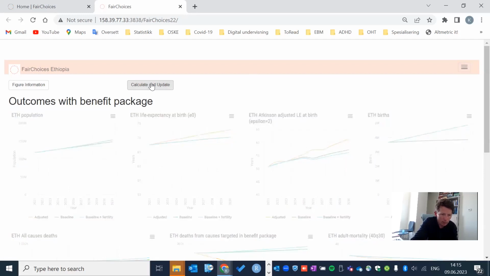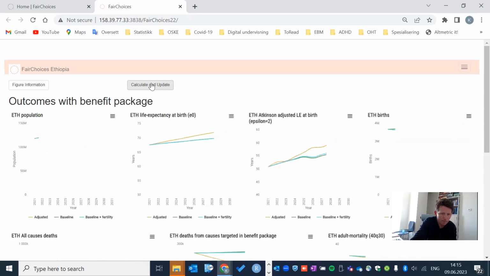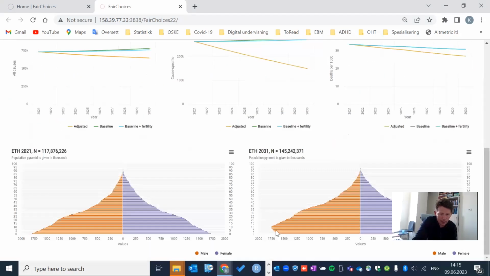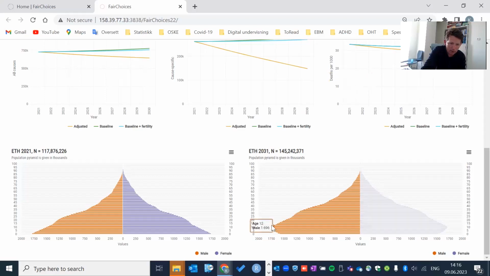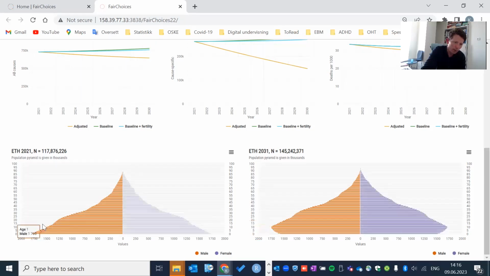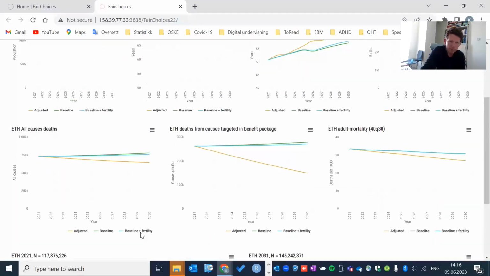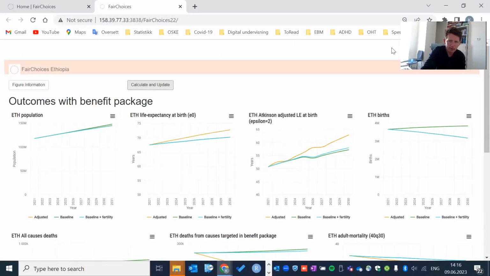And then you need to calculate an update. And you can see here on these pyramids that in the 2031 estimates, you have fewer people in the younger age groups in 2031 compared to 2021. So that would be the impact of scaling up contraceptive and family planning.